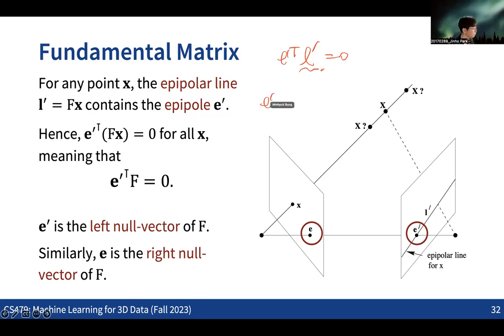And then E prime transpose times Fx should equal 0. For any x, whatever x you choose, this should be 0, right? If you want to satisfy this for any arbitrary x, this means that E prime transpose F should be 0, right?